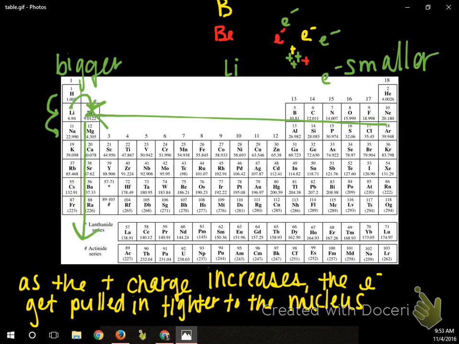Okay, so that explains why the atomic radius is smaller on the right side of the periodic table than on the left.